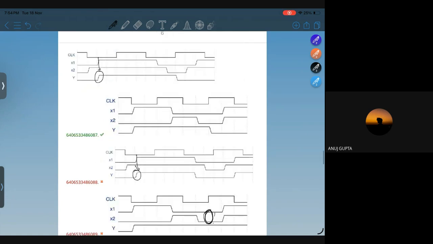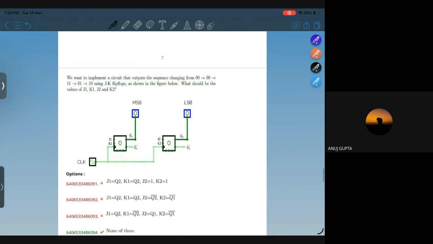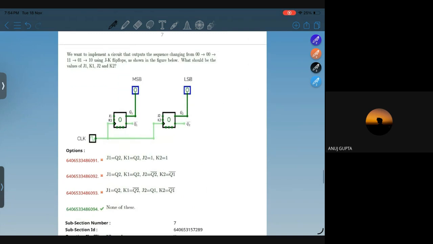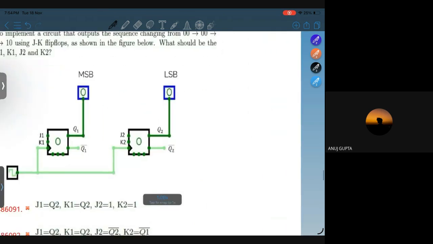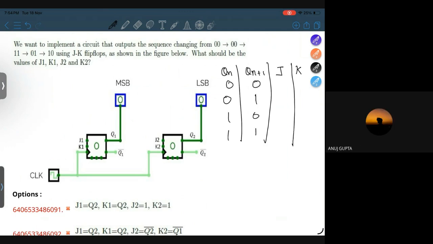And we want to implement a circuit that outputs the sequence 0 0, then 0 0, then 1 1, and 0 1, and this is using JK flip flop. So let's use the excitation table of JK, which is Qn, Qn plus 1, 0 0, 0 1, 1 0, 1 1.